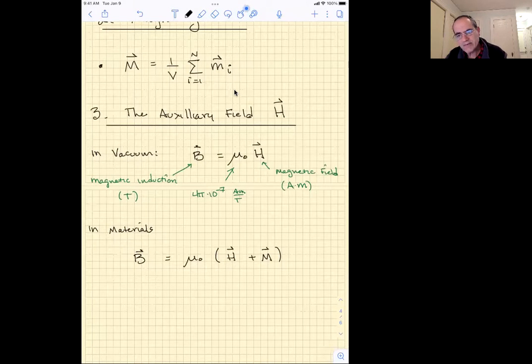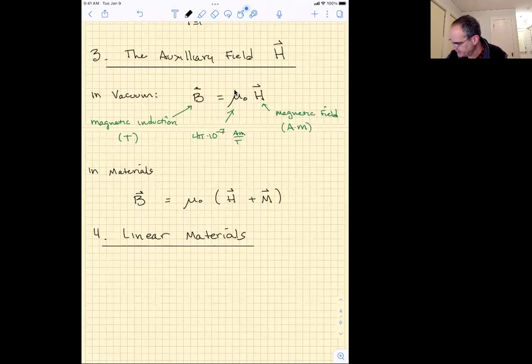We won't have to deal so much with H, but I want to introduce it to you because, well, it's a very familiar quantity. Okay? Now, B and H are particularly simple if we talk about what are called linear materials, or linear magnetic material. What's a linear magnetic material? It's a material where the magnetization is just proportional to the H field. Okay?